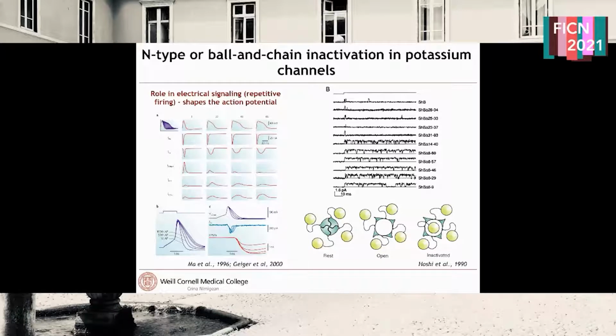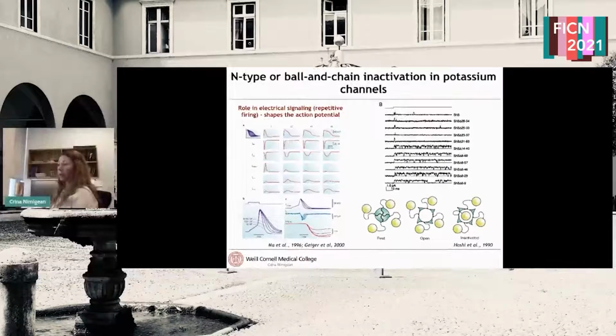When the channel opens upon some stimulus, in this case voltage, one of these balls binds to its receptor site, which at that point was not known, whether it was the pore, the gate, the mouth of the pore, or some other place in the channel that would allosterically lead to channel closure and block ion conduction.